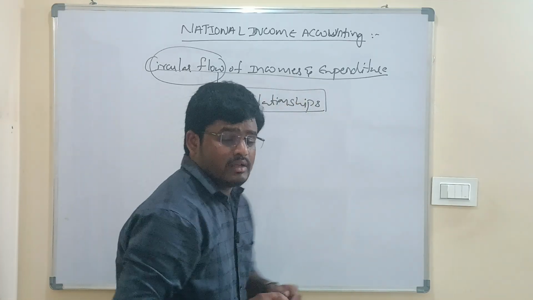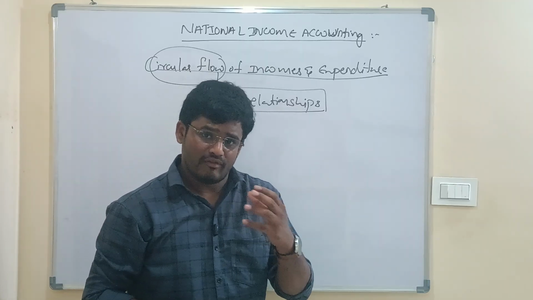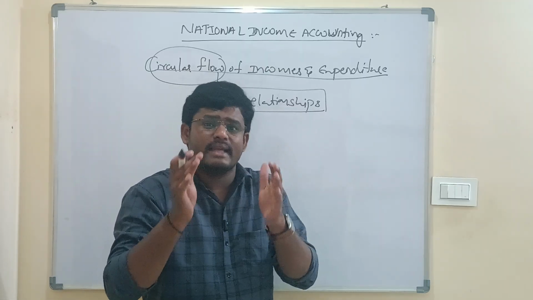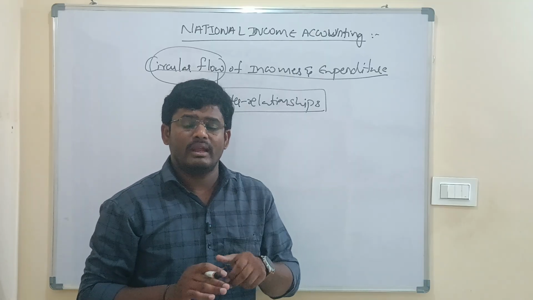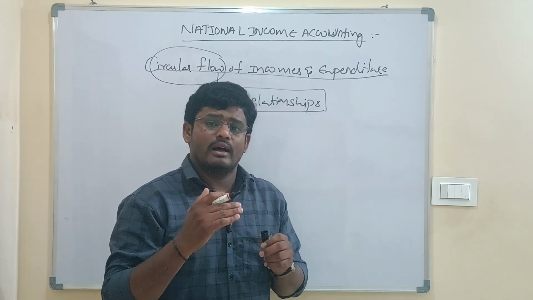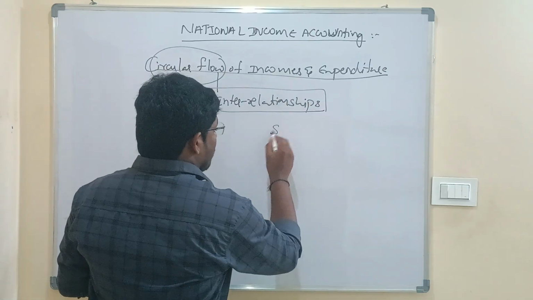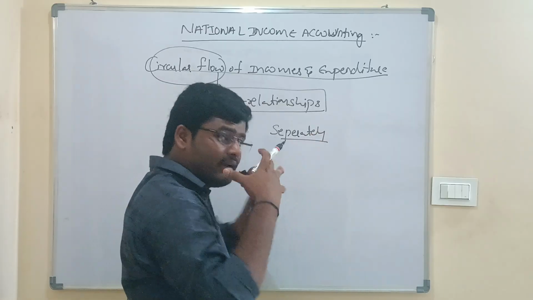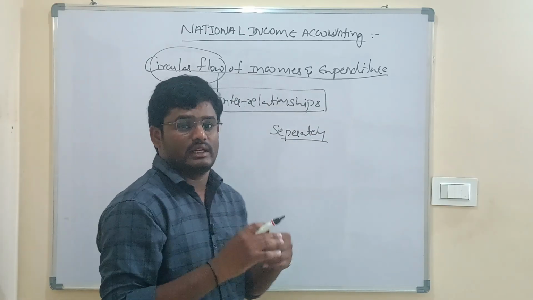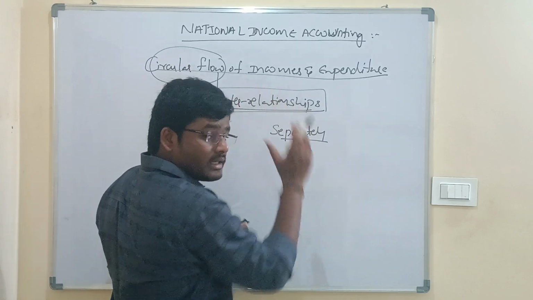So we have firms, households, government, and the financial sector, the four major sectors in any macro economy. They do not work independently, they do not work separately. When I say they do not work separately, it means there is some interconnectedness among these four sectors. There exist certain interrelationships among these sectors.